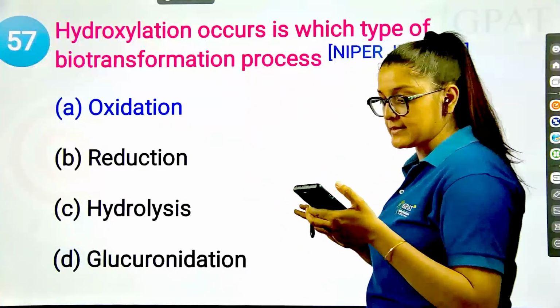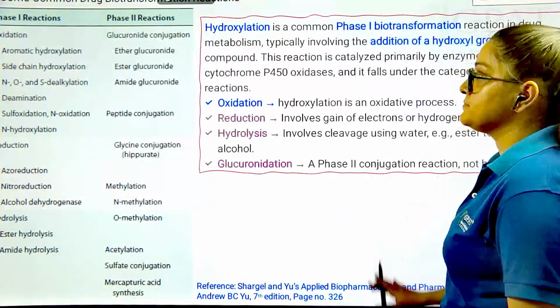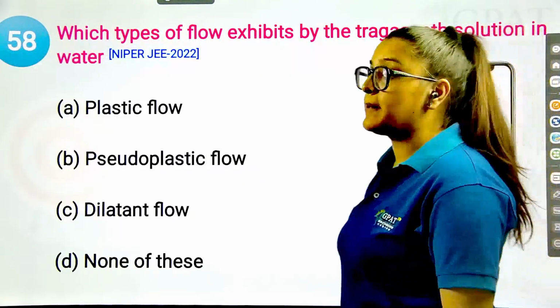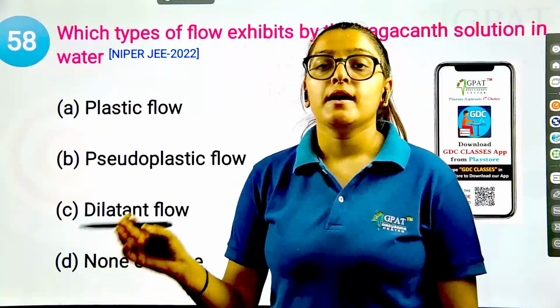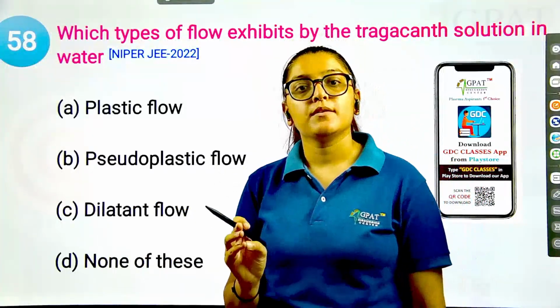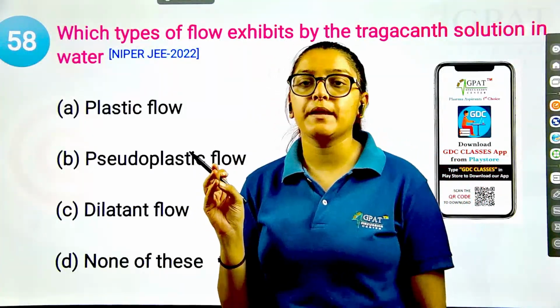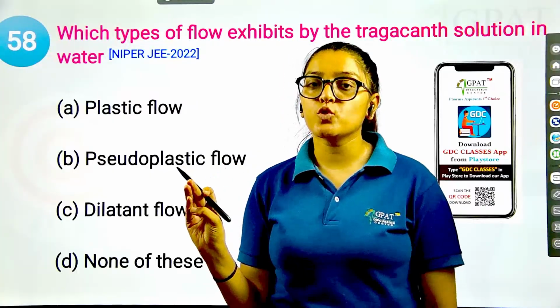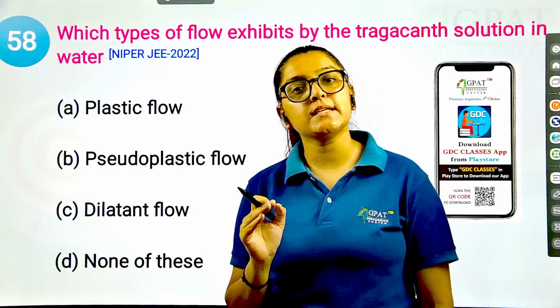Okay? Yes. Okay. Next, which type of flow is exhibited by the tragacanth solution? So we have a plastic system. Most important examples: Bingham bodies, flocculated suspensions. We have pseudoplastic systems, shear thinning systems.